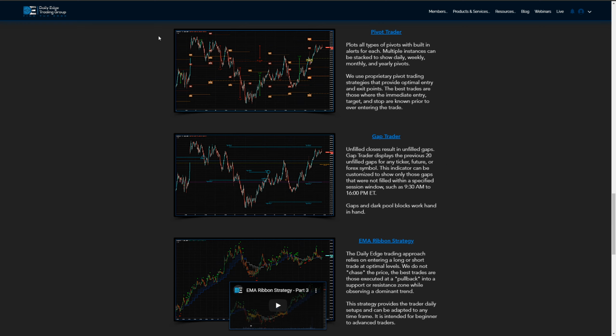Combining all three of these strategies represents the core trading paradigm at the Daily Edge, where you can profit and grab a huge amount of the ticks and the pips that are available every day. You can take part in the vast majority of trades by using these three indicators together on the same chart.